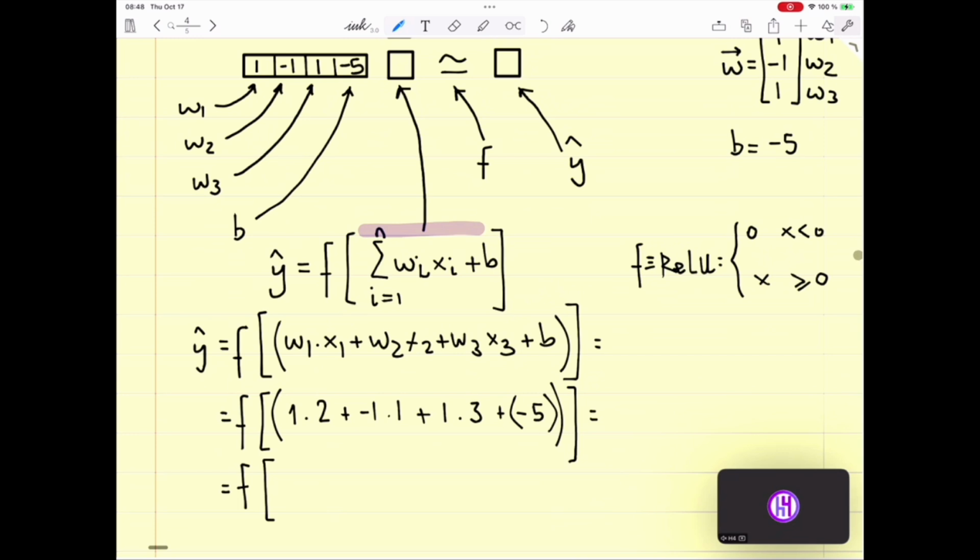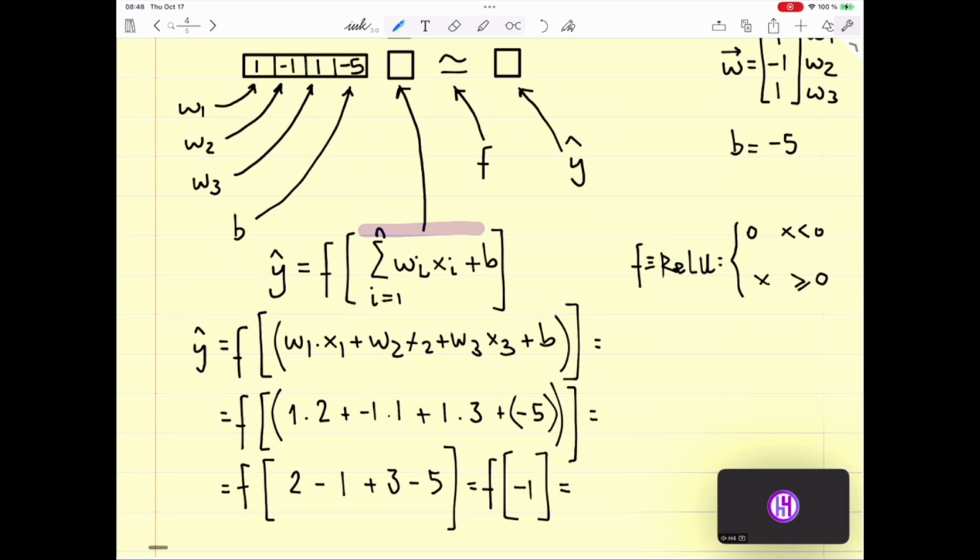So 1 times 2 is 2, minus 1, plus 3, minus 5. That's why, I mean, this is deep learning by hand, because we don't even need a calculator. 2 minus 1 is 1, plus 3 is 4, minus 5 is minus 1.